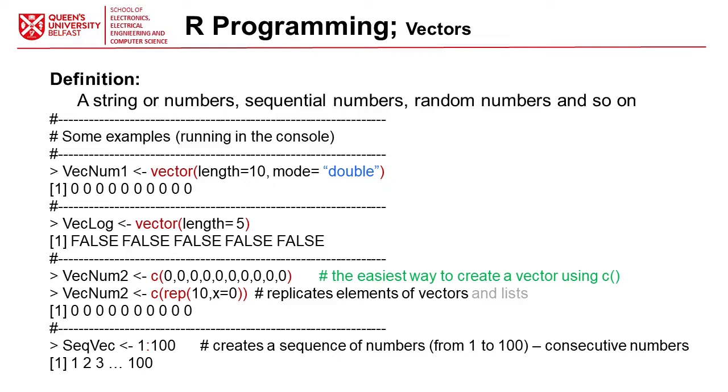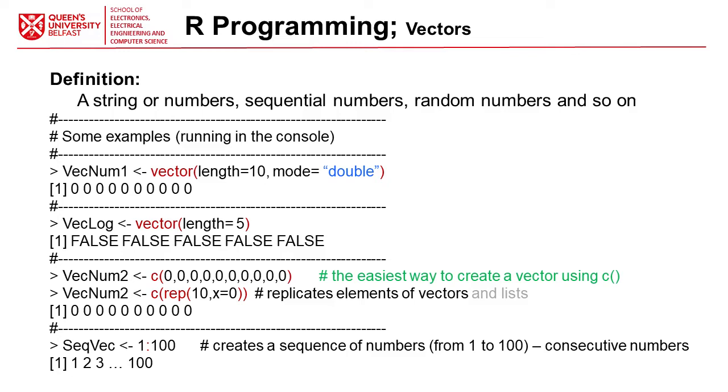There are different ways to create a vector. One way is using the command vector with length 10 and mode double. It means we're going to create a vector of 10 numbers with the data type double.